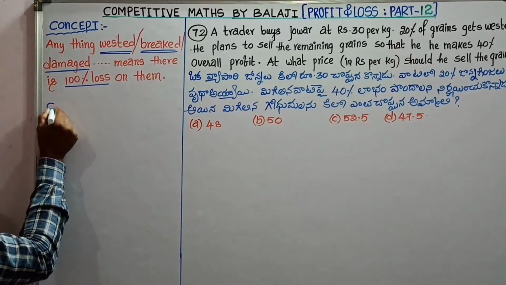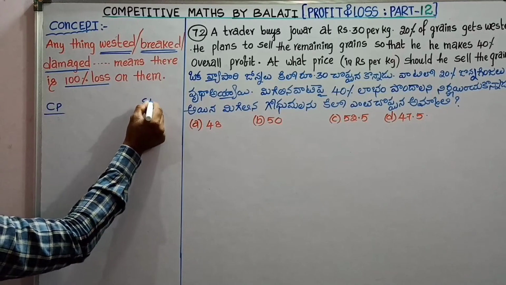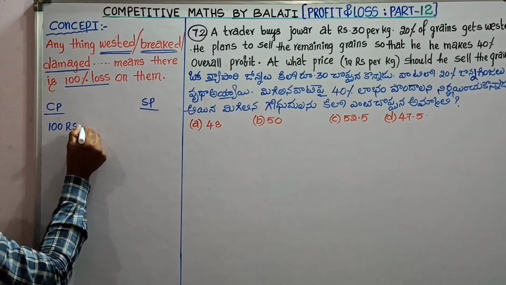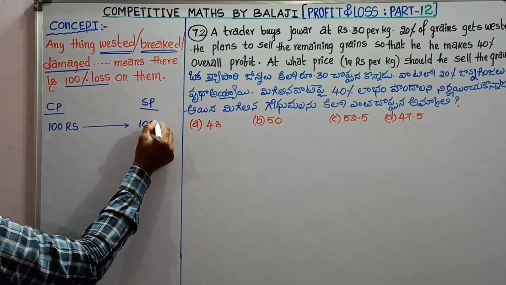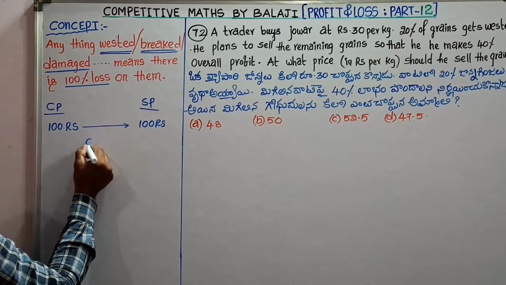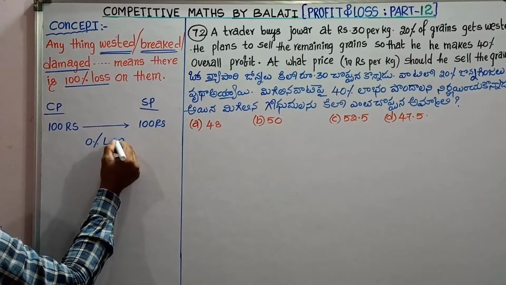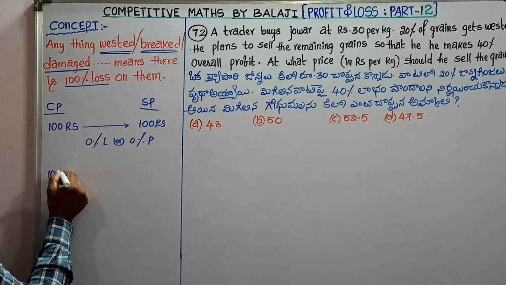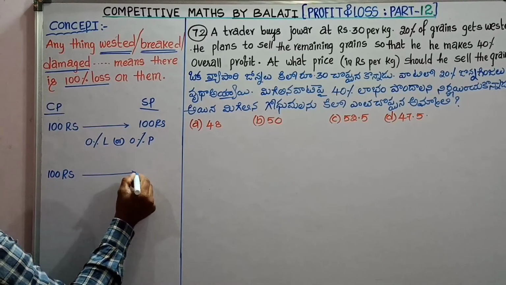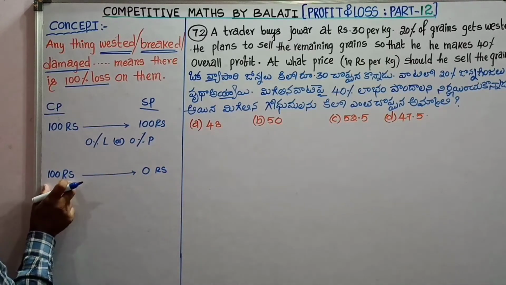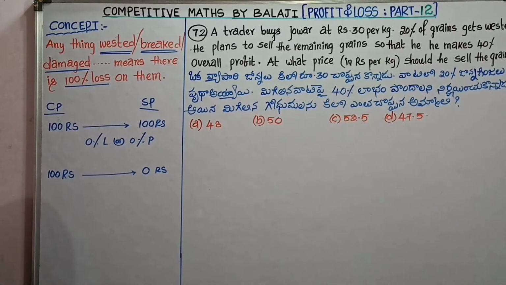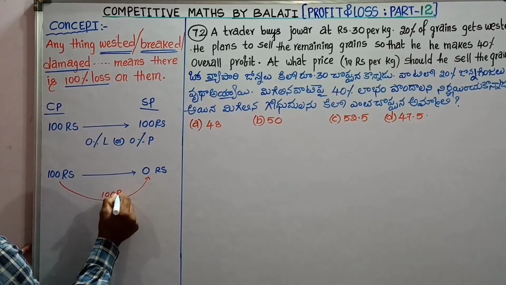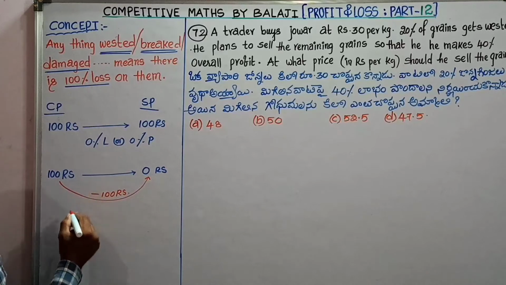For example, this is CP and this is SP. If an article of 100 rupees is sold at 100 rupees, there is 0% loss or 0% profit. But when a 100 rupees article is sold for 0 rupees, there is a loss of 100 rupees.